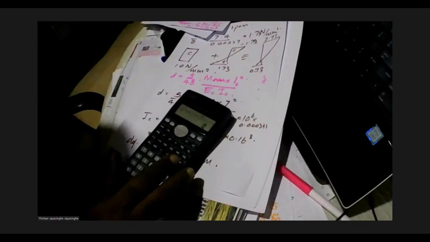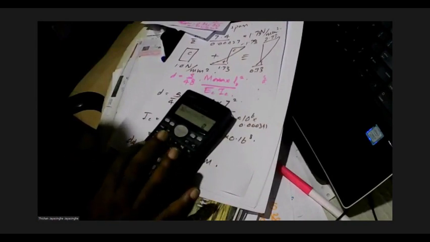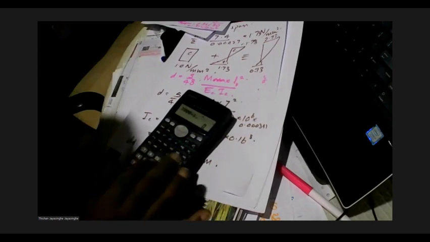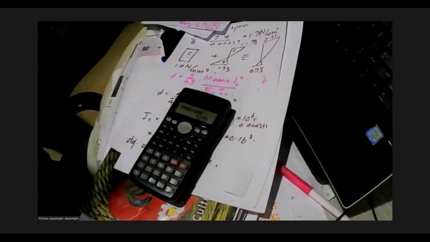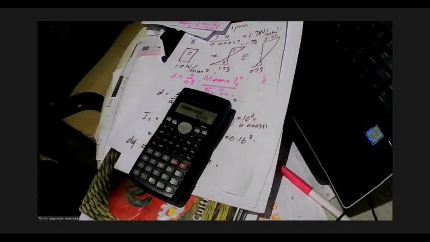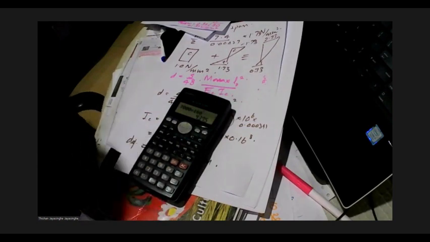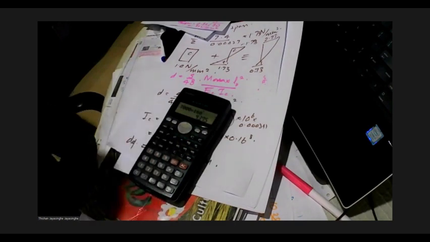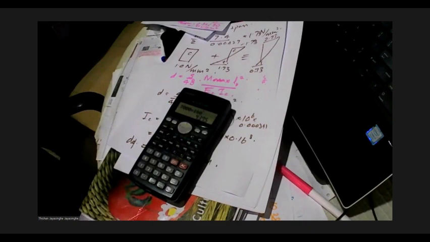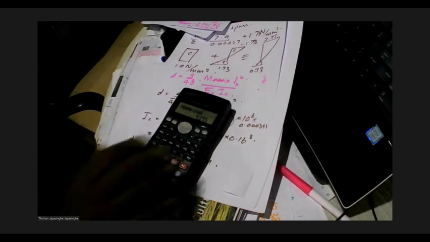And the span over depth ratio is 43.75. So for a 7 meter slab, we can use 160 millimeters. So can you see the advantage of PT? Bashita?